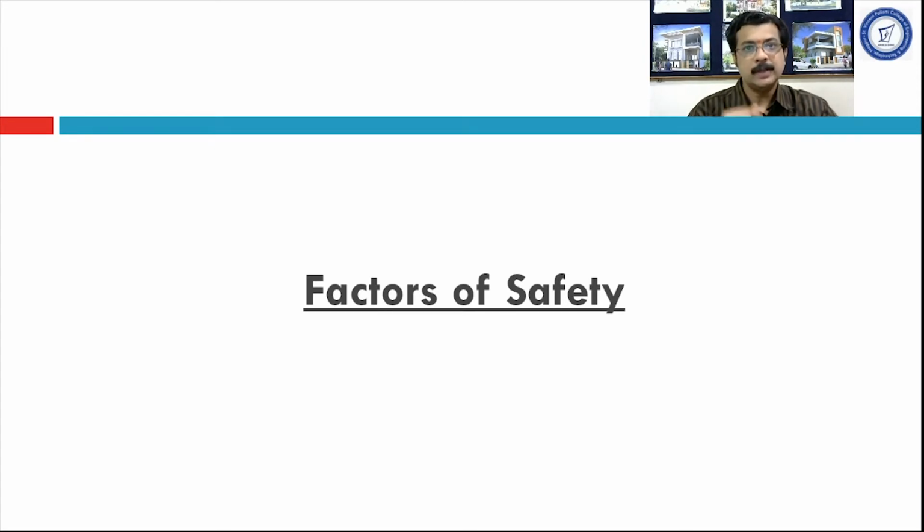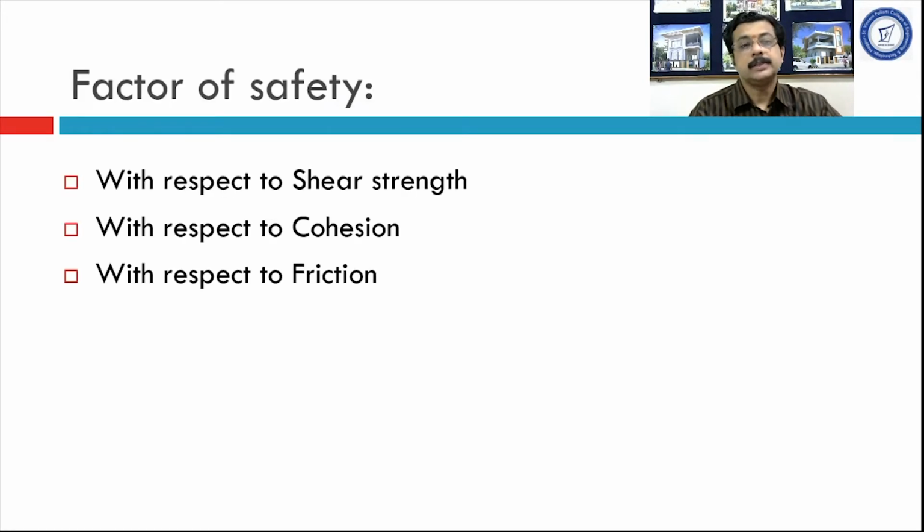The ratio of resisting force to disturbing force is called the factor of safety. Now in case of soil, these factors are mentioned in three terms: the first with respect to shear strength, the second with respect to cohesion, and the third with respect to friction. Alright, so we will see these three factors of safety one by one.